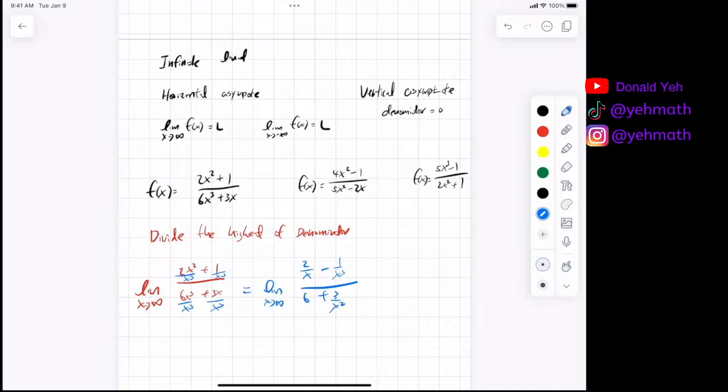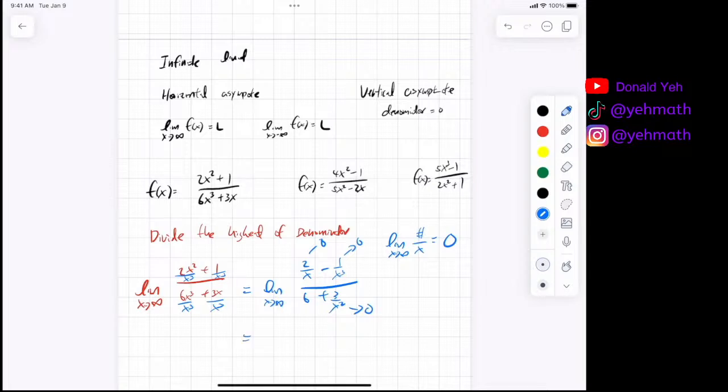Now, what happens when limit x approach infinity of a number over x to any power is equal to what? 0. Good, because this part is going to give me 0, this part is 0, this part is 0, because the bottom is what? X. If we go to infinity, 2 over infinity, that is essentially going to be 0.